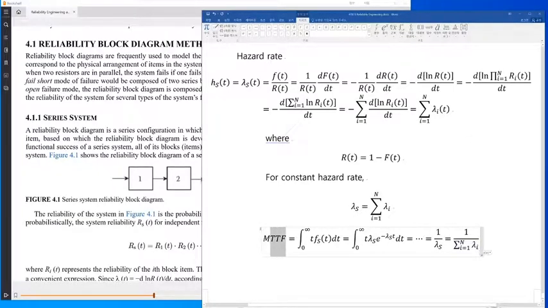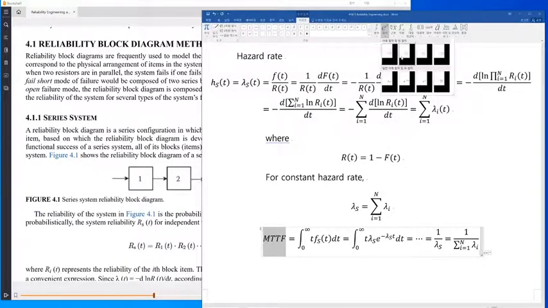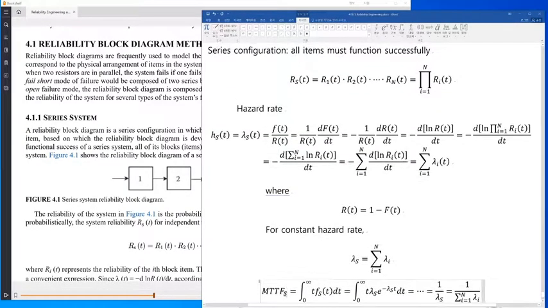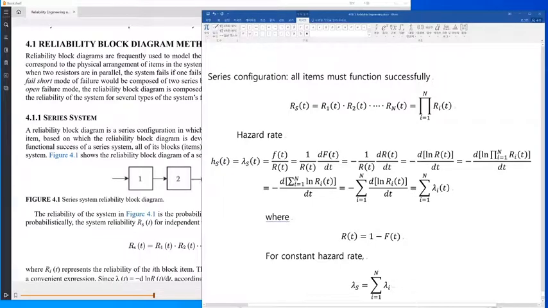So I'm going to add subscript s to indicate that this is the mean TTF, mean time to failure for the system. In case of a series system, the equations are relatively simple. The reliability is given as the product of all reliabilities of components.